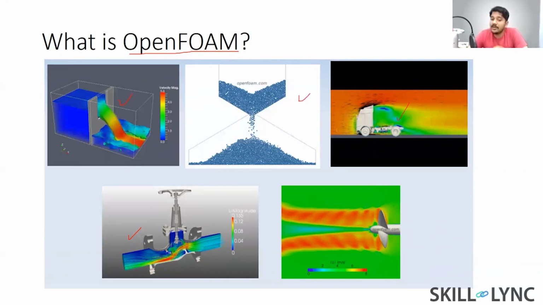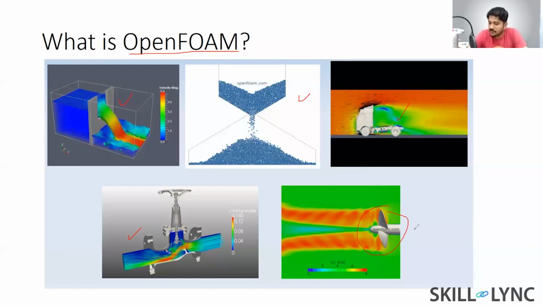Discrete phase modeling, meaning you actually have these parcels and you're basically trying to simulate how these parcels interact and how these parcels actually move around in your computational fluid dynamic space. And in addition to this, it can do much more. For example, it can do incompressible flow simulations. So for example, this right here is a propeller.